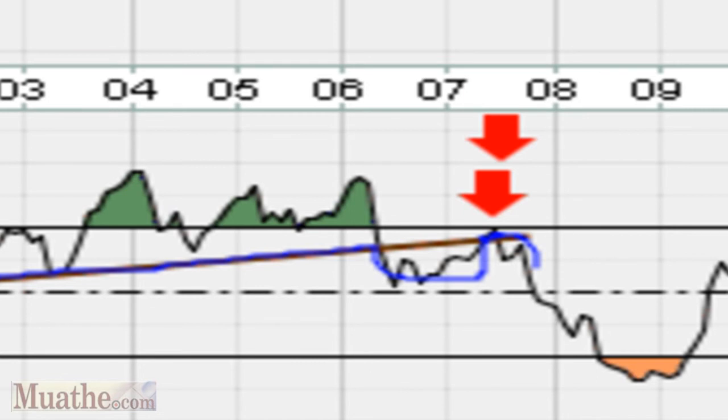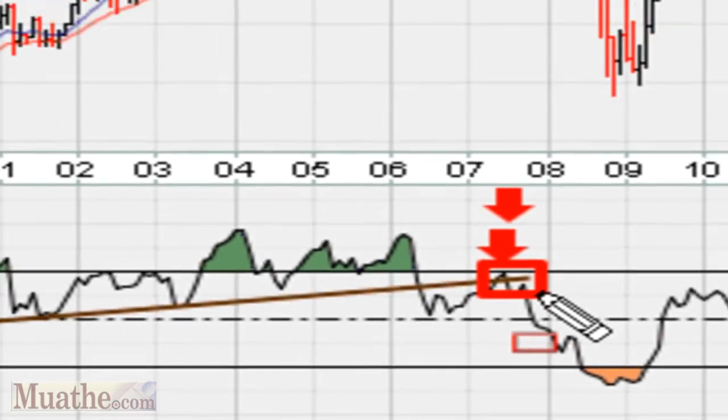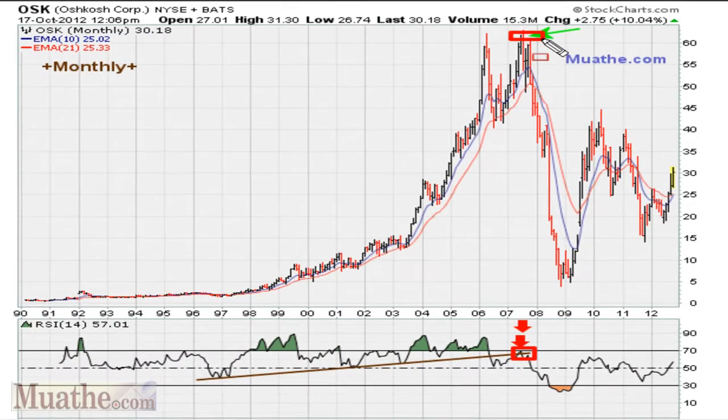And that failure, or that failed back test there, would have told you, without too much information, without knowing the sales of the stock or the PE or what the market was doing, without going into the financials or the fundamentals or the sector performance, this knowledge, the fact that the stock had failed this back test here, would have told you to get out of the stock there.